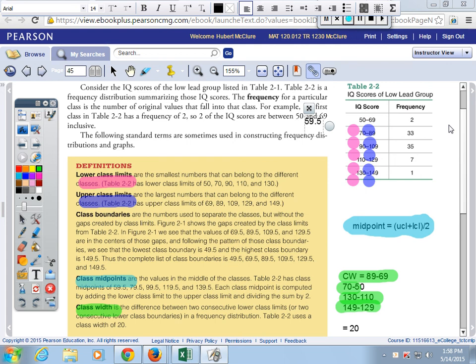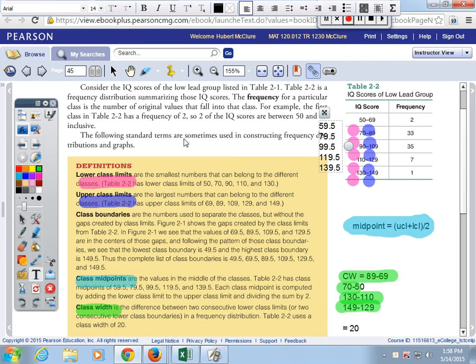So what's 20 plus 59.5? 79.5. What's 79.5 plus 20? And so on. 99.5 plus 20 is 119.5, and 139.5. Now, people, that ain't hard. And that's your class width.